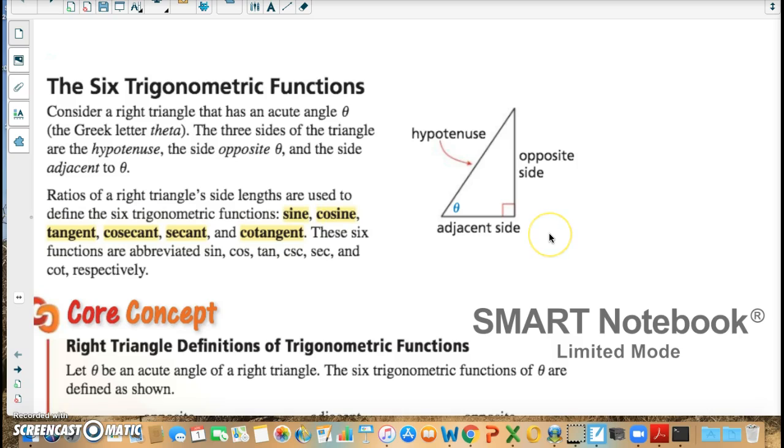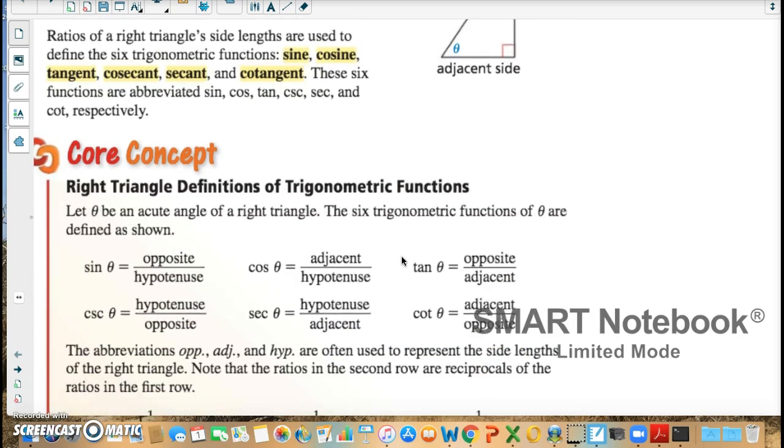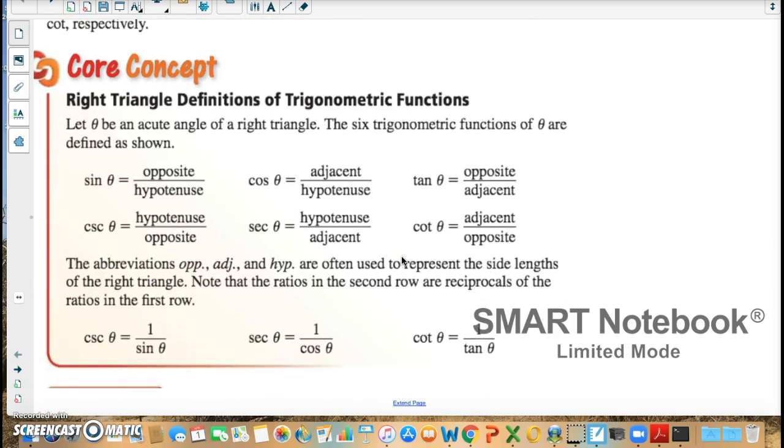So we're going to study now the 6 trigonometric functions that show us what the ratio is of these angles. So again, theta is going to be the measure of the acute angle of the right triangle.